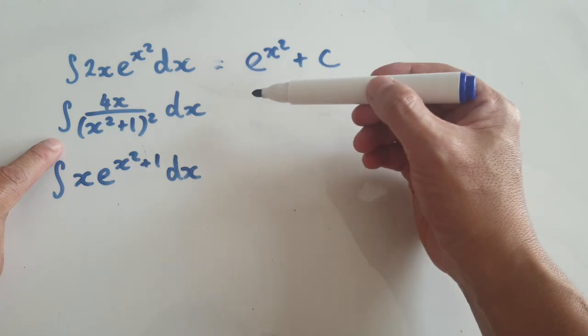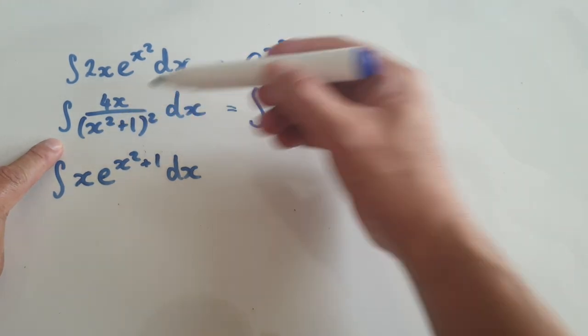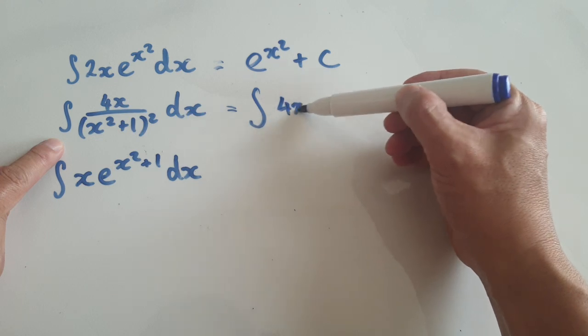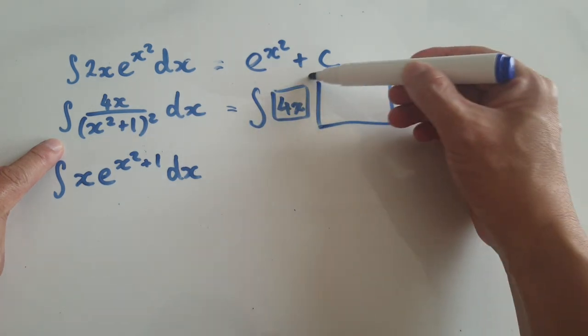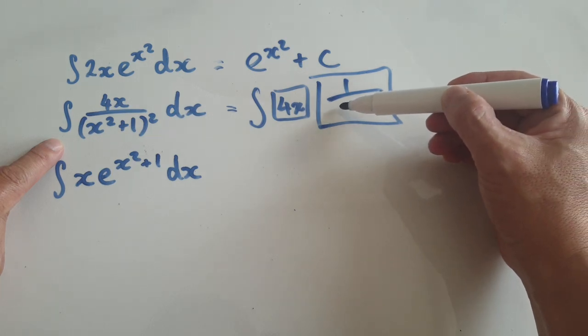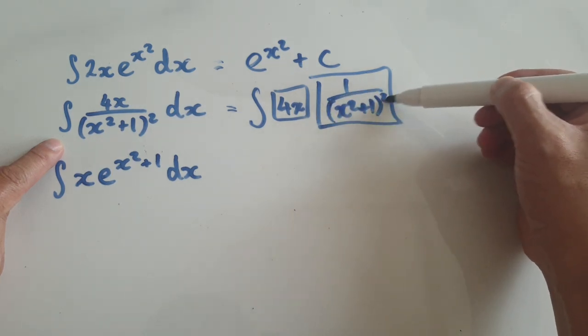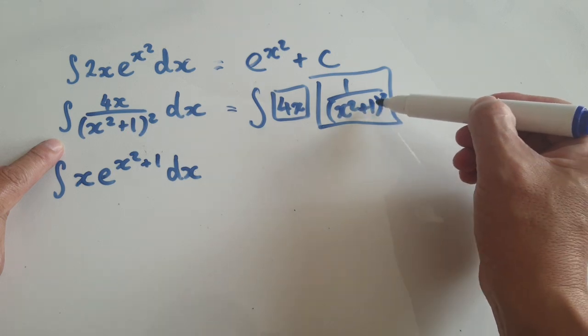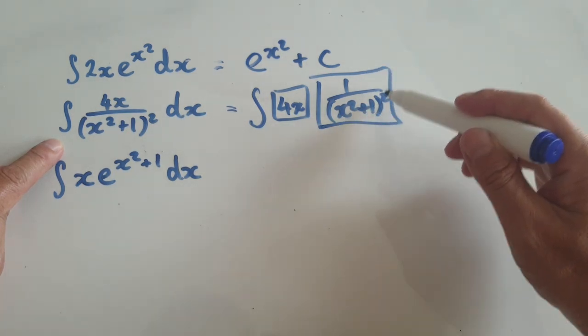The trick to doing this is to visualize this as being one block, and then you've got a fraction over here, 1 over x squared plus 1 squared. And then you can rewrite this as being x squared plus 1 to the power of negative 2.